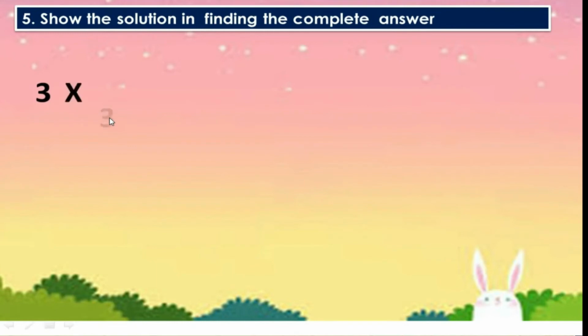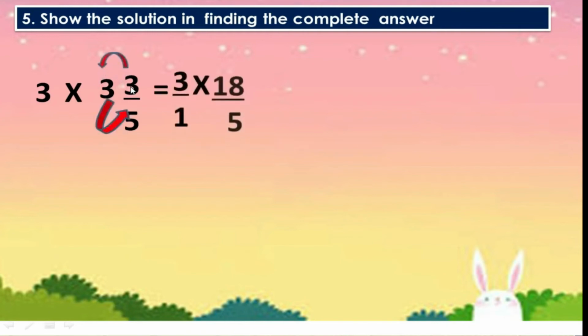So 3 multiplied by 3 3/5, we are going to convert this into improper fraction. 5 times 3 equals 15 plus 3 equals 18. Okay, so 3 multiplied by 18/5. So we are going to multiply the numerator 3 times 18 and the denominator 1 times 5, so equals 54/5.